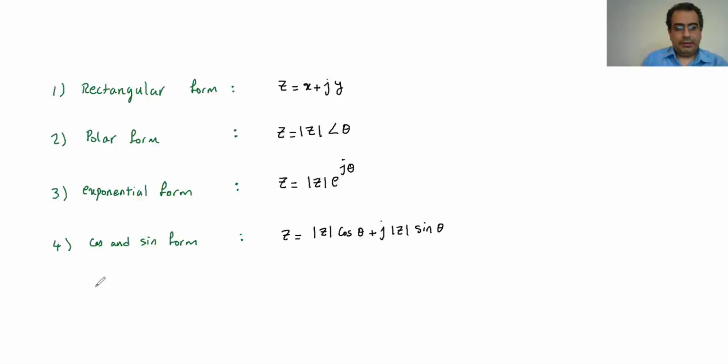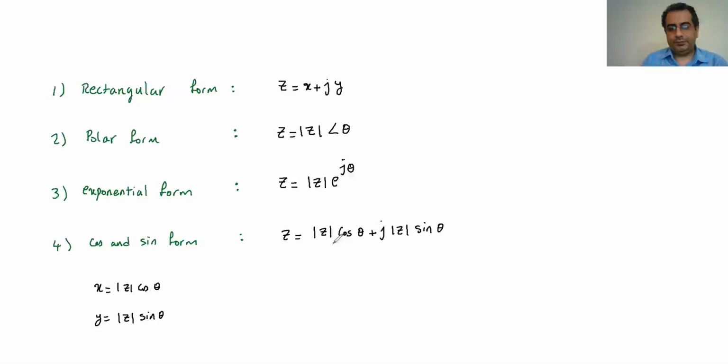As I said, as you can see here, x is z cosine theta, y is z sine theta. So if you substitute x and y here, this is what you're going to get, the very last equation.